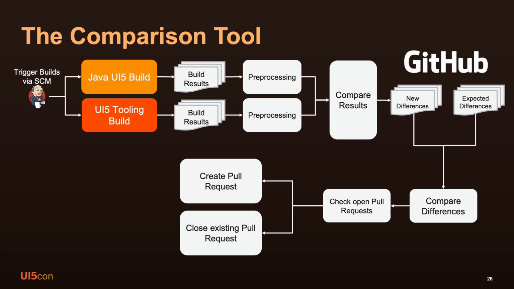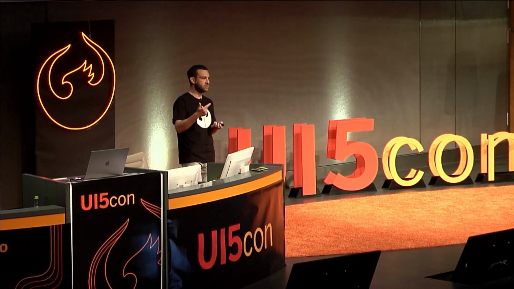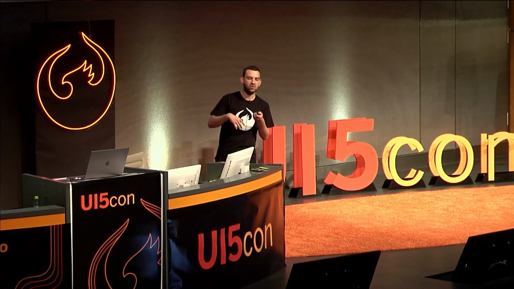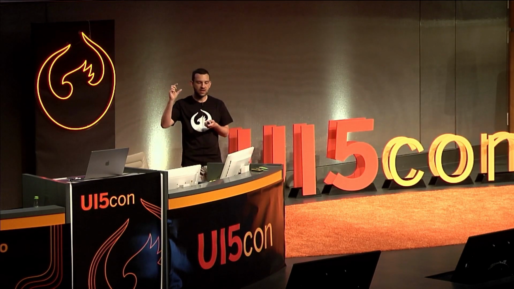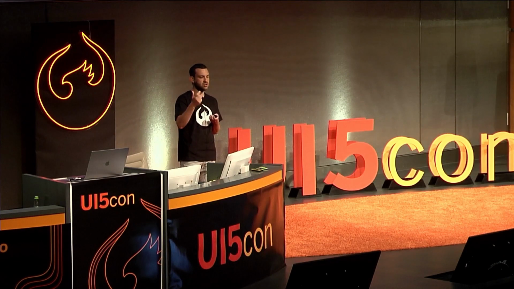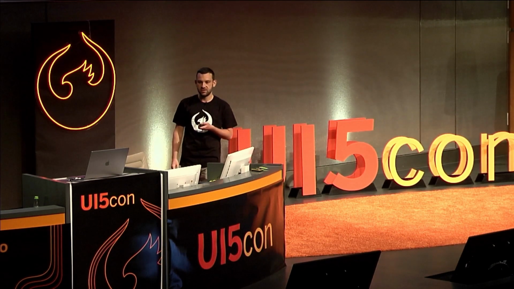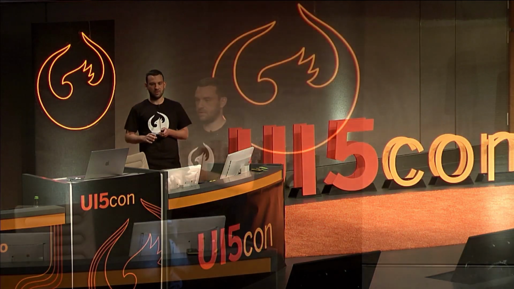In the case that the diff appears for the first time, we create a pull request, and if we detect that this difference appears in other changes too, then we search over the existing PRs and mark the original one with the change that causes the issue. So that was the whole automatic processing, and only then do we have to do something manually. So that was everything automated.